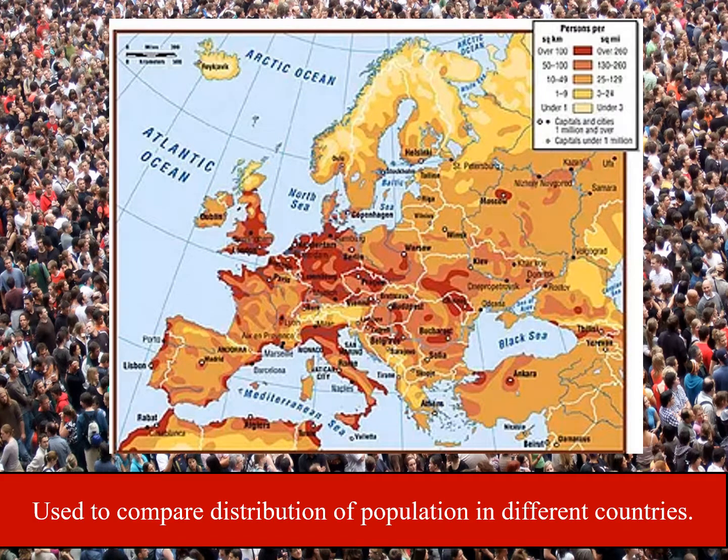So arithmetic density is used to compare distribution of population in different countries. From this map of Europe, we can see that the most densely populated parts of Europe are Germany, the Netherlands, Belgium, the UK. These areas are much more densely populated than, say, Norway or Sweden.